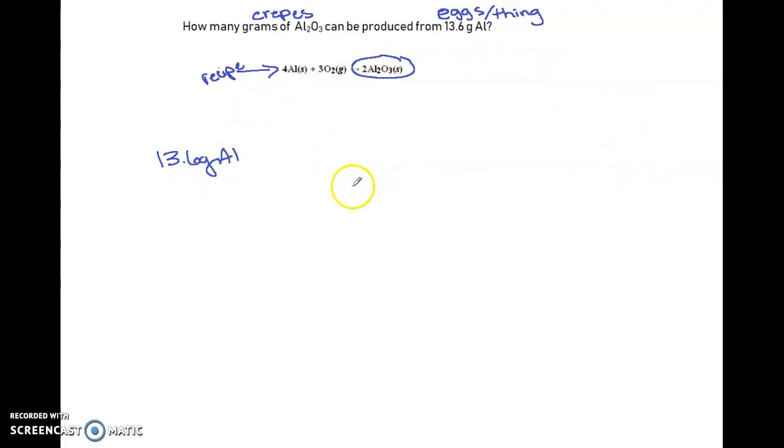The problem with that is there is no one-step conversion between aluminum and aluminum oxide in terms of grams. I don't know how many grams of aluminum are in aluminum oxide. It doesn't really work that way. It's like saying how many eggs are in crepes. Well, I need my recipe to tell me how many of one thing I'm required to make of the other.